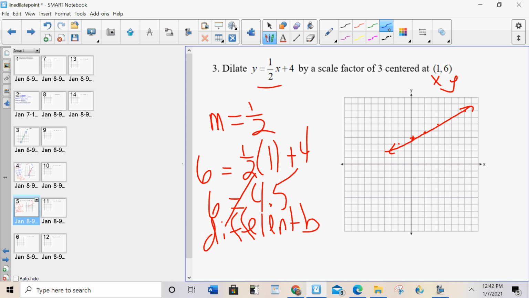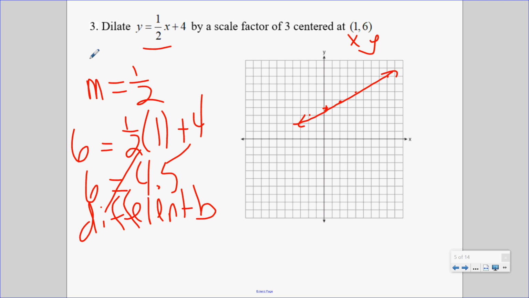My center is (1, 6). I'm going to pick a couple points and I'm going to dilate them. Let's do this point. To get from the center to that point, I'm going down 1, right 1. Do that 3 times. Down 1, right 1, 1. Down 1, right 1, 2. Down 1, right 1, 3.